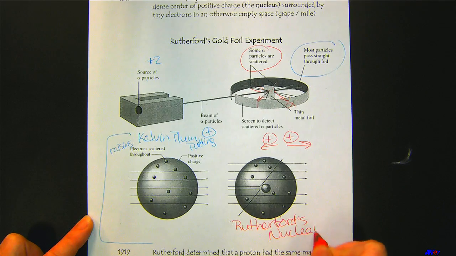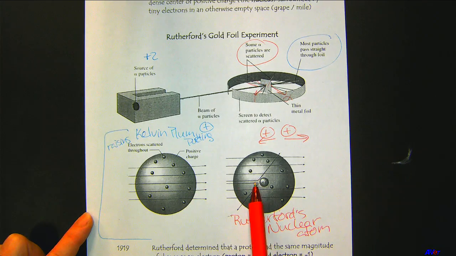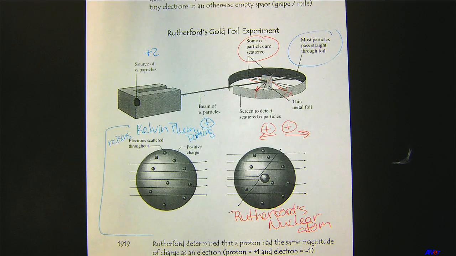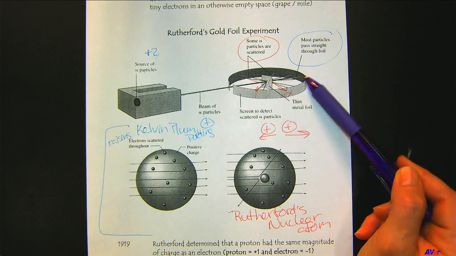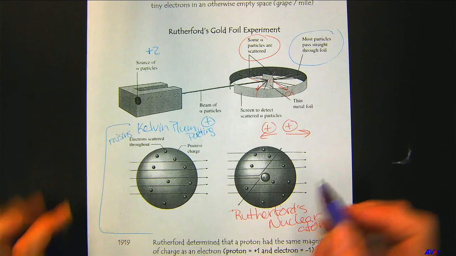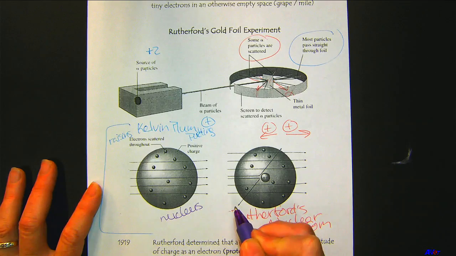And so we all know that this is still the accepted form, right? So now we know that the positive charge is localized in the nucleus, and that's what causes the deflection of the alpha particles. However, it's important to keep in mind that most of the alpha particles still sailed straight through, all right? So if the nucleus is small, that means there's a lot of empty space, all right?